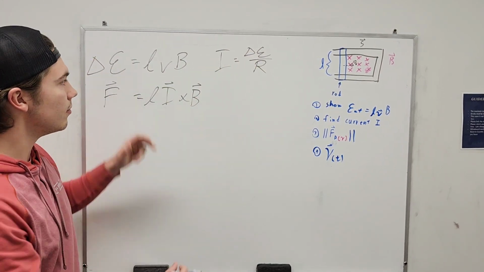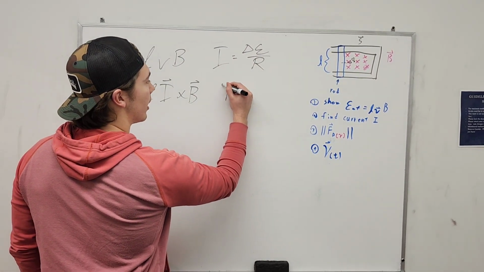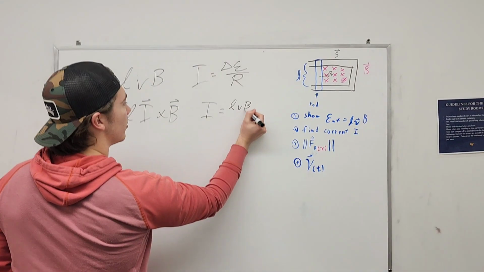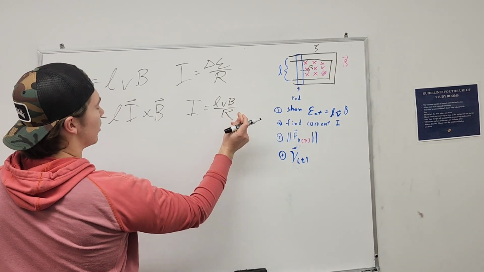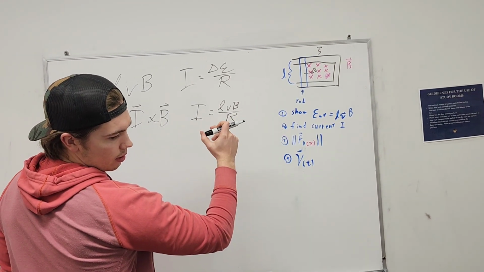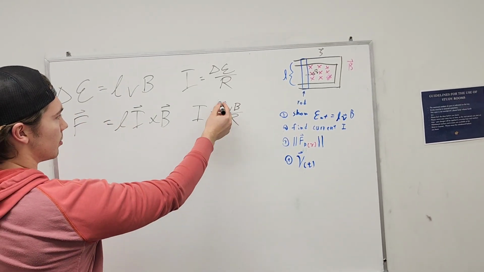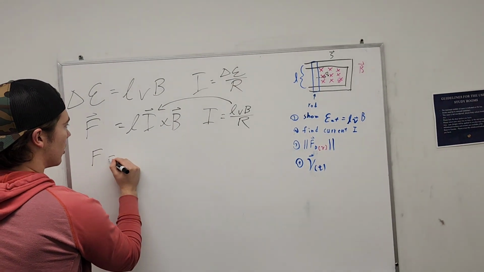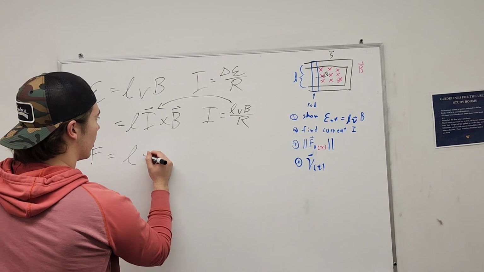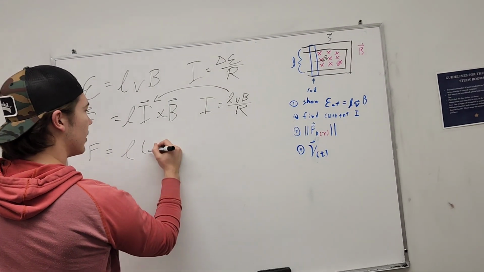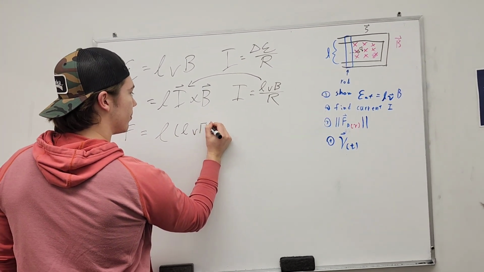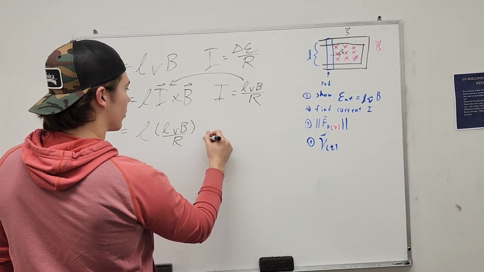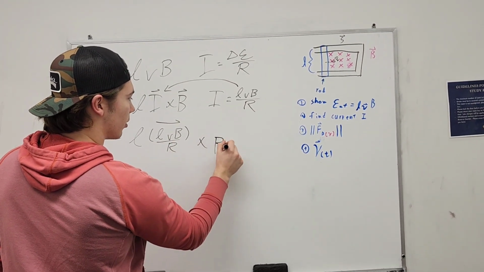Using this, we can find that I is equal to L V B over R. And from there, we can substitute this in for our I, finding that the force is equal to L V B over R, cross with our magnetic field.